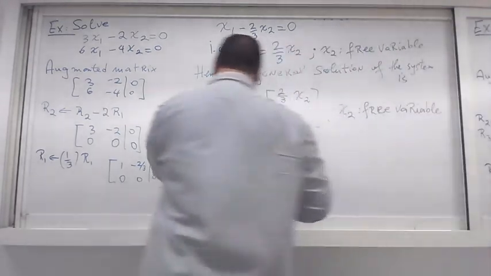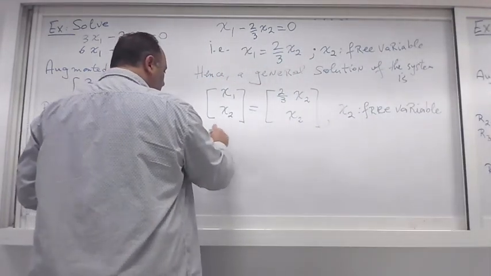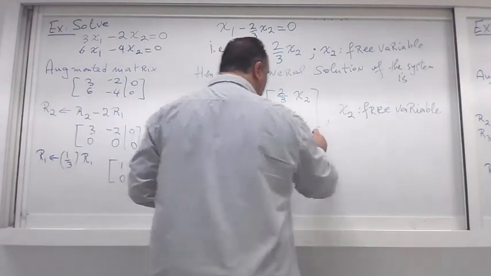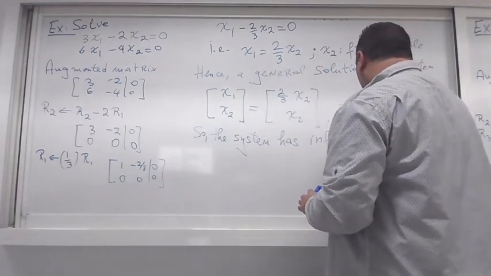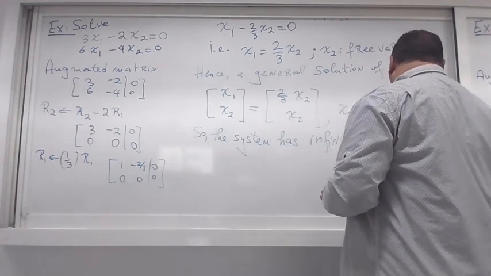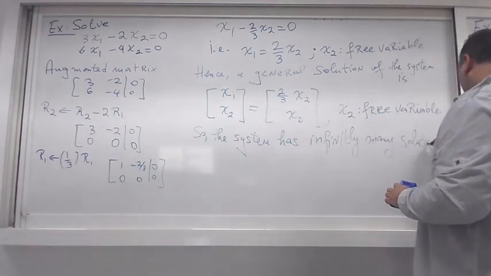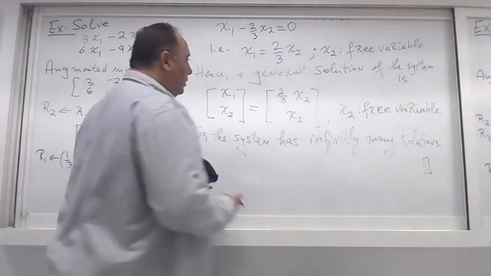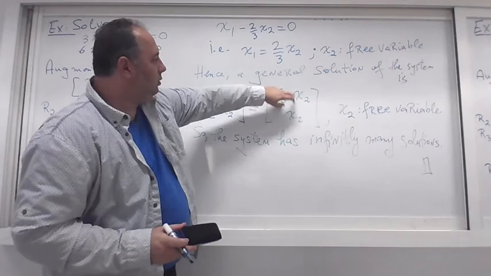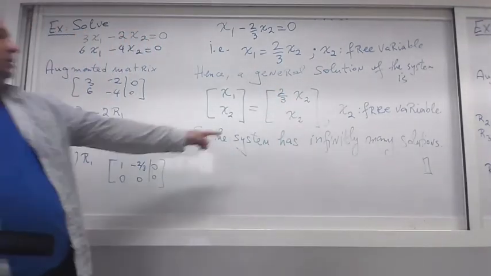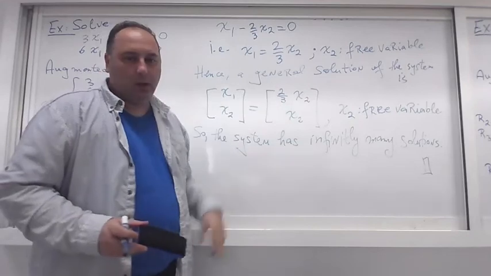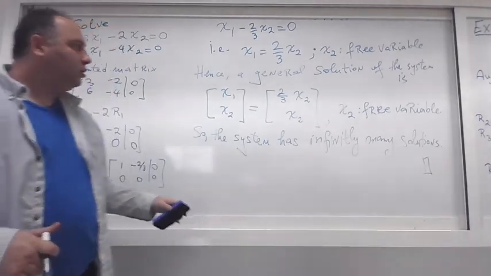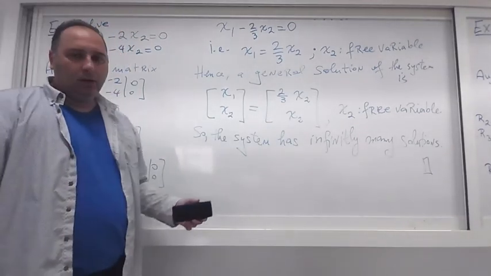So this system has infinitely many solutions. One of them is 0, 0. So if you put x2 equals 0, you'll have solution 0, 0. If you put x2 equal 1, you'll have 2 over 3, 1 as a solution. So we have infinitely many actually. For each different value of x2, we get another couple that is a solution.